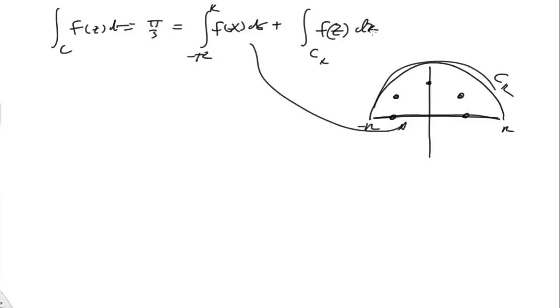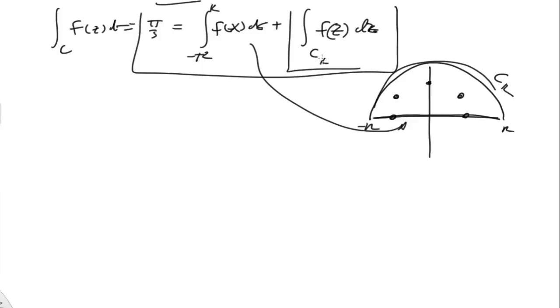So the next question is, this whole thing is equal to pi over 3. What happens to this part? Because eventually I want to get the value of this as r goes to infinity, this principal value.